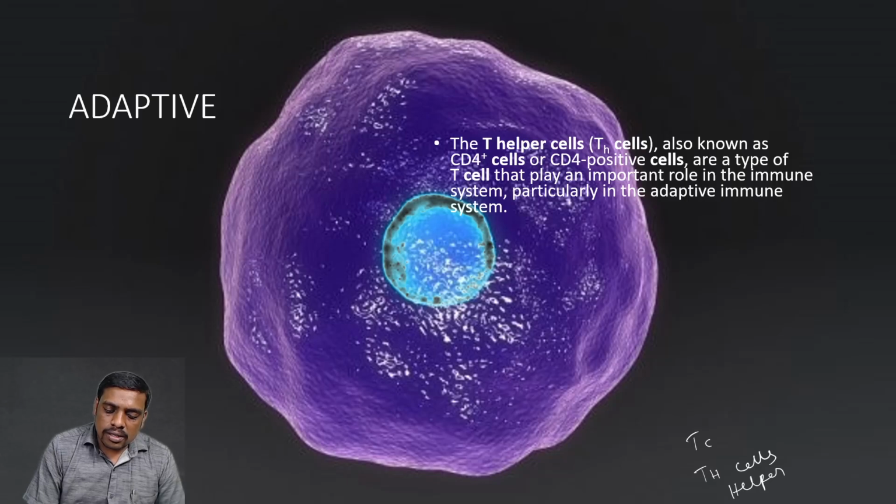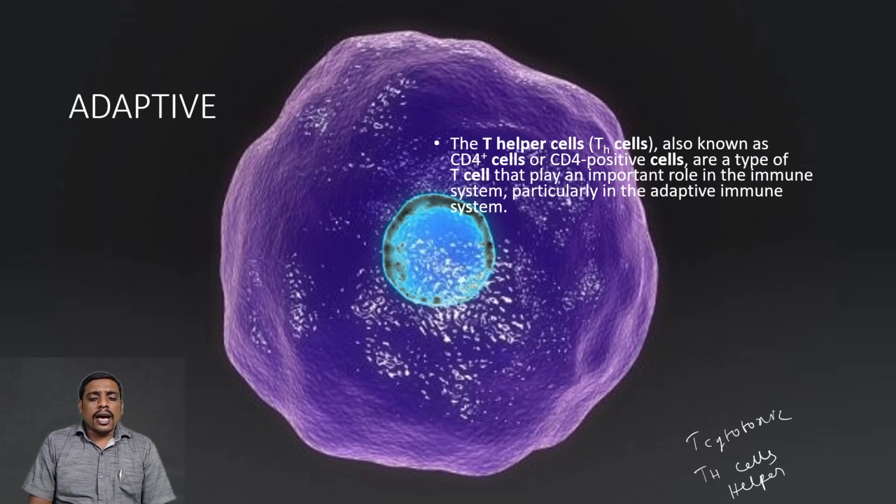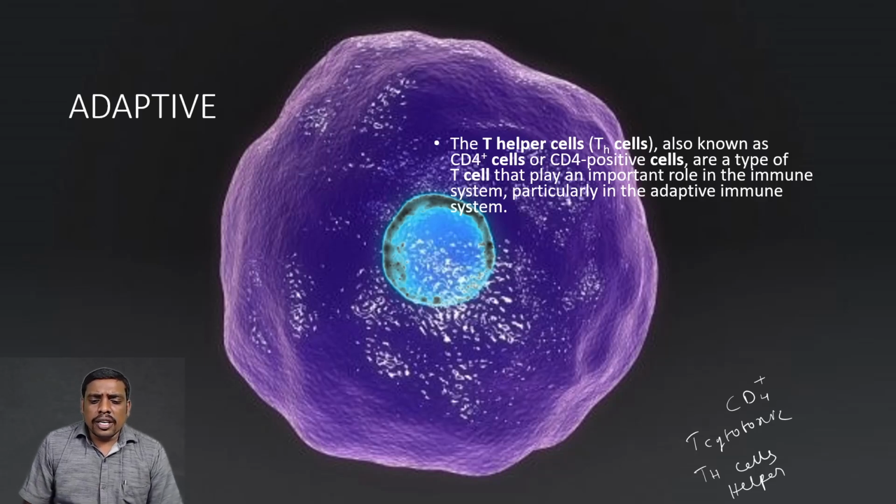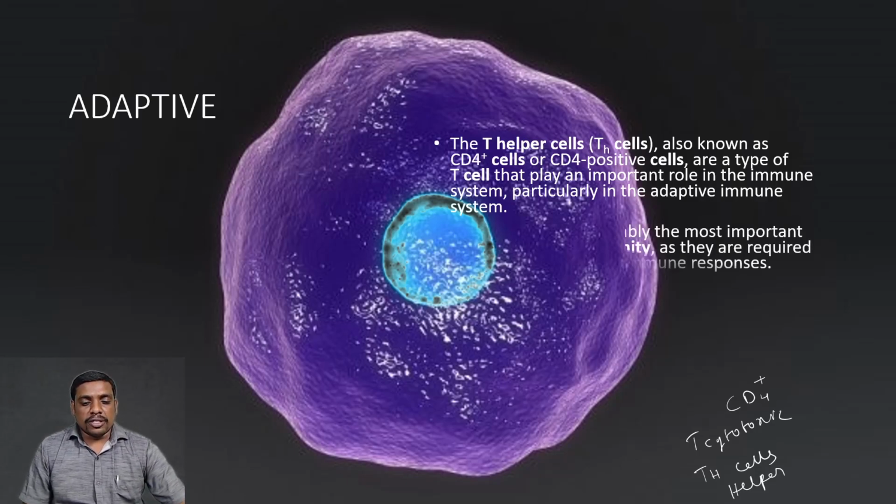Second type of cells are cytotoxic cells or TC cells. These helper cells are also known as CD4 cells or CD4 positive cells. So, what are they called? CD4 positive cells. They are T cells that play an important role in the immune system, particularly in adaptive immunity.